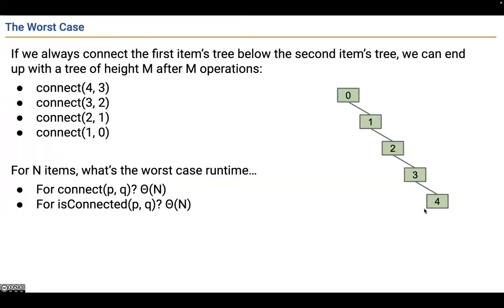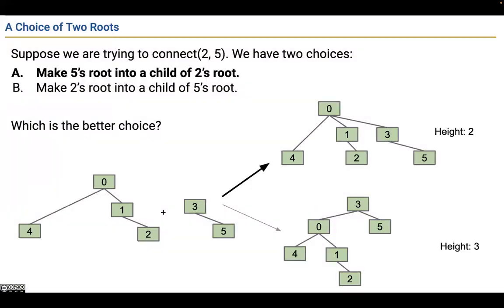Look at it, it's so gross. We want to avoid this, and if you always hang the smaller tree underneath the larger tree, that is, the smaller boss always loses and becomes a subordinate of the bigger boss, then you will never get structures like this. The weighted quick union rule makes this structure impossible.